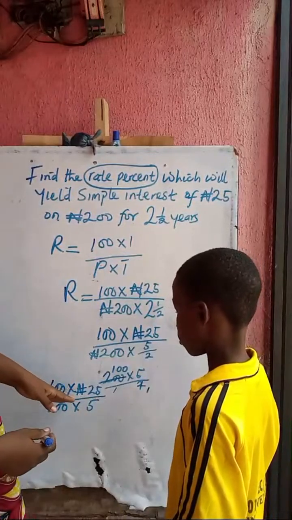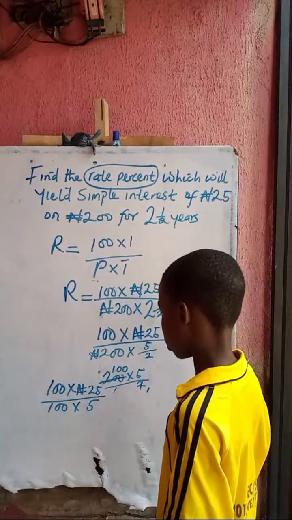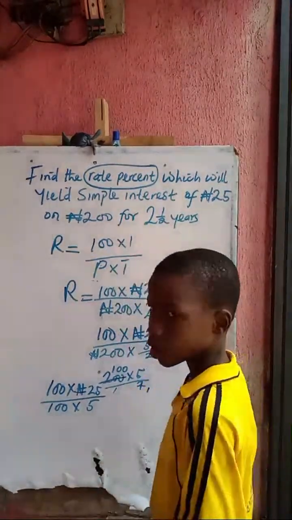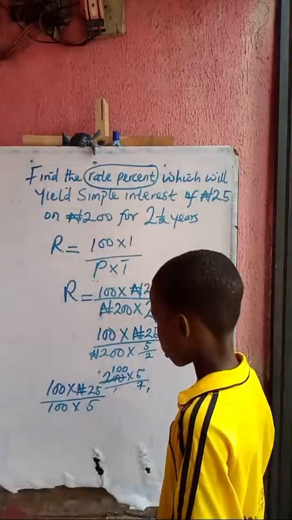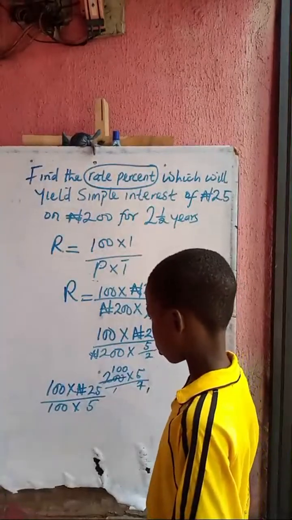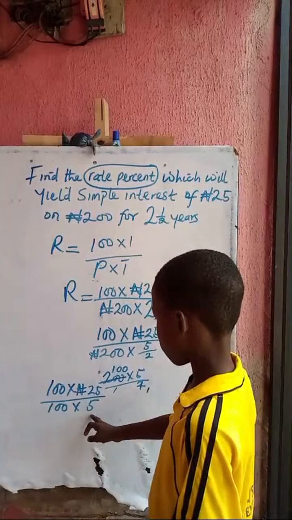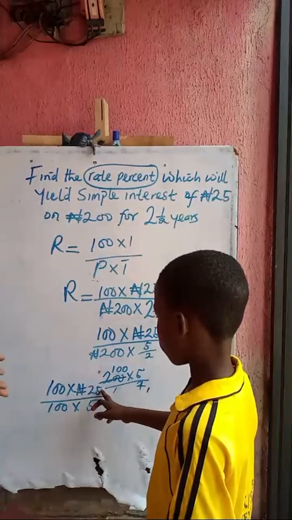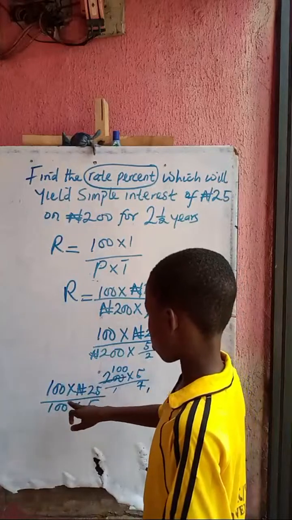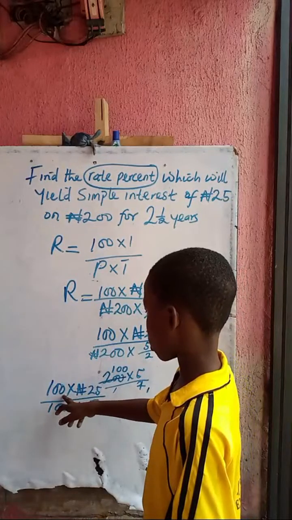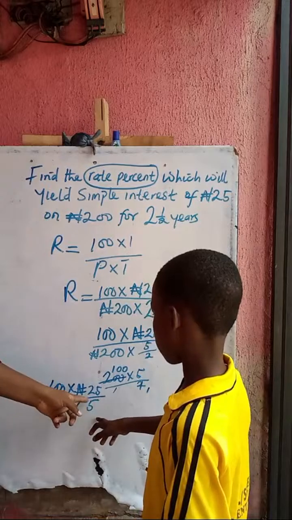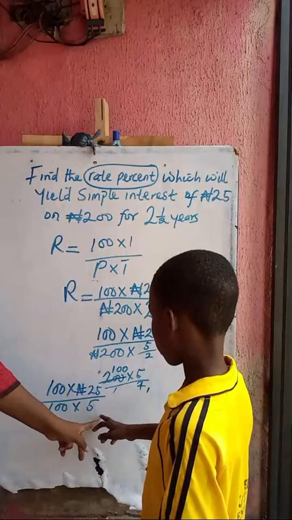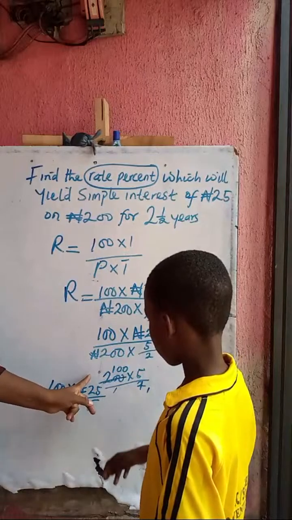Look at these numbers well. Are there numbers we can divide? Yes. 5 goes into 25 and 5 goes into 5. 5 divided by itself is 1, and 5 divided into 25 is 5.